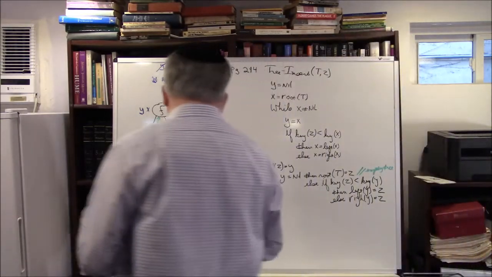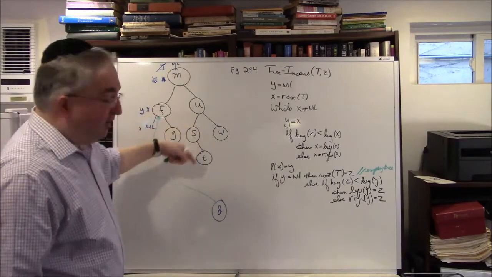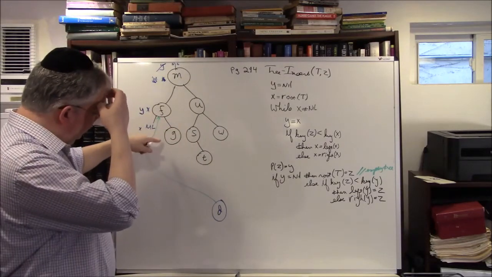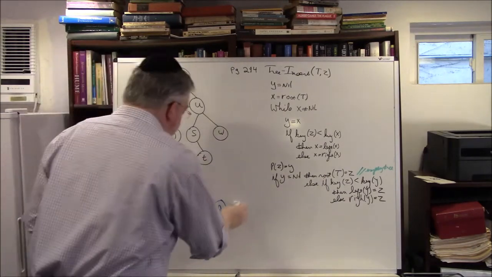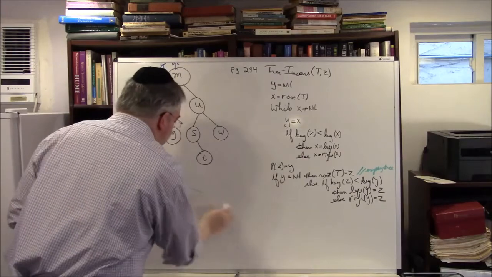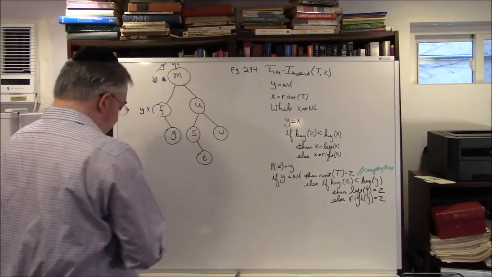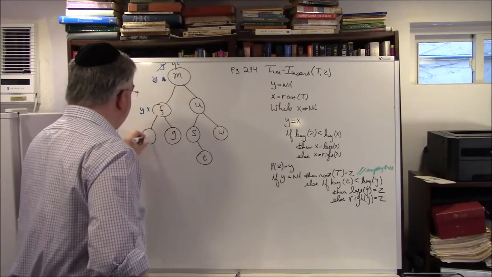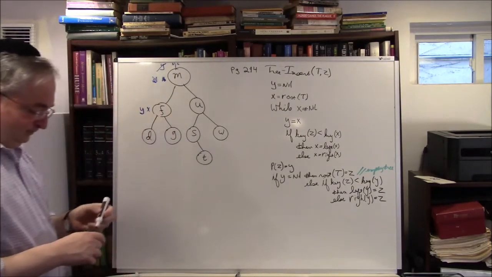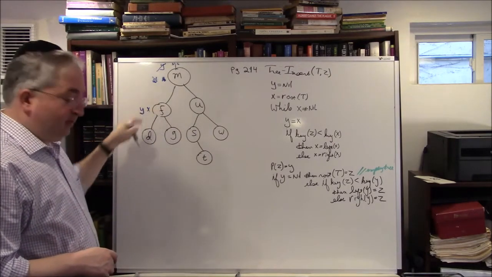So should D go here or there? Well, it goes there. And so we can redraw this as follows. Here's D. Parent of D is F, etc., etc.